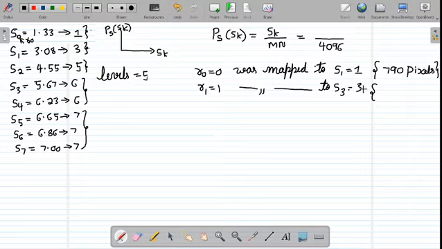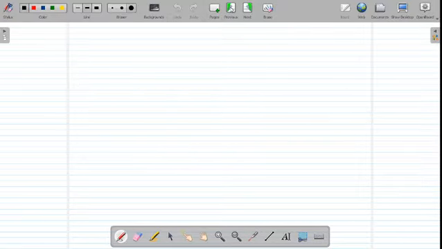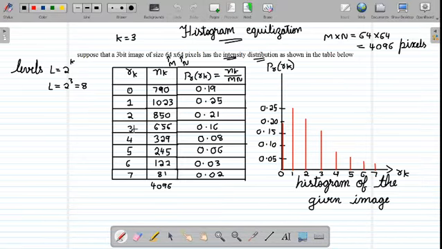So you need to find out the number of pixels. 3 means it was nothing but 1. Look at the table. 3 was mapped to 1. So 1 is having 1023 pixels.